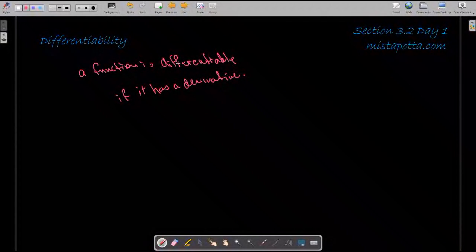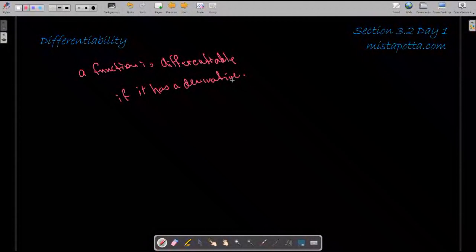And so I can talk about being differentiable at a point if it has a derivative at a point. I can talk about it being differentiable on an interval if it has a derivative on an interval. I can talk about it being differentiable on its domain if it has a derivative for every value in its domain.